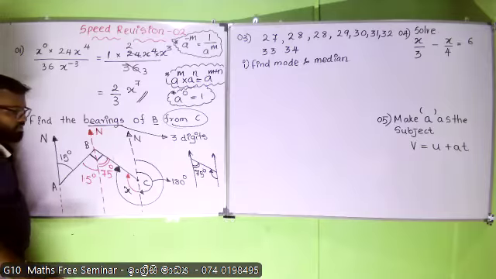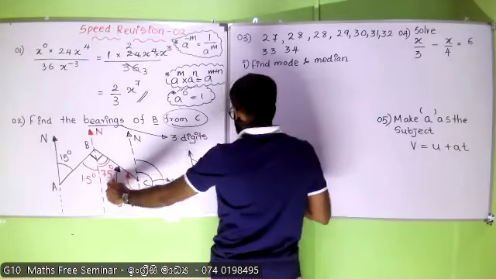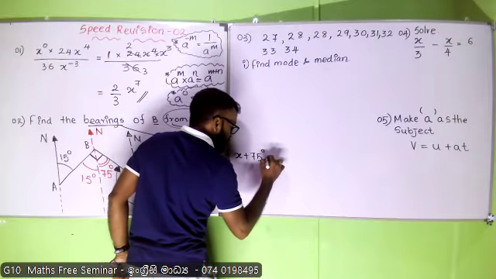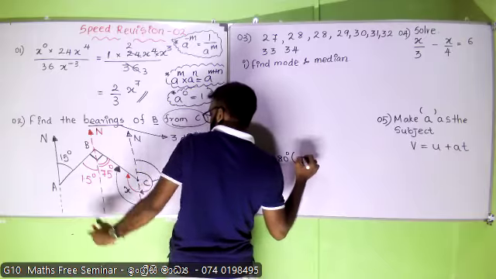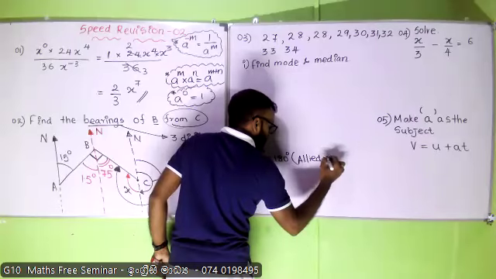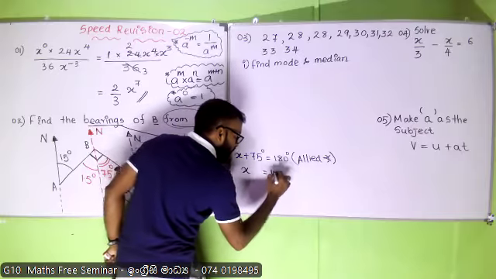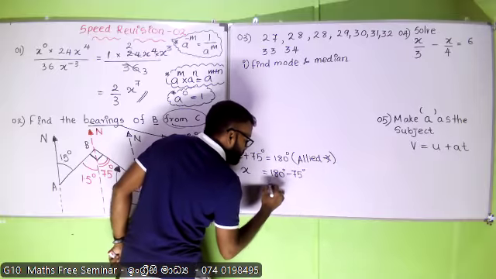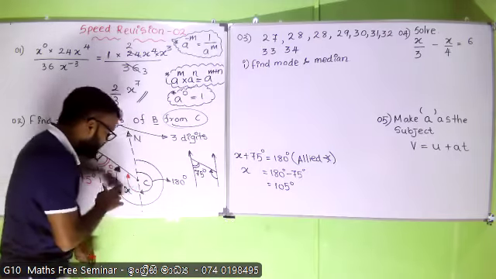So x plus 75 degrees equals 180 degrees, reason: allied angles. 180 subtract 75 gives 105. So x is 105.